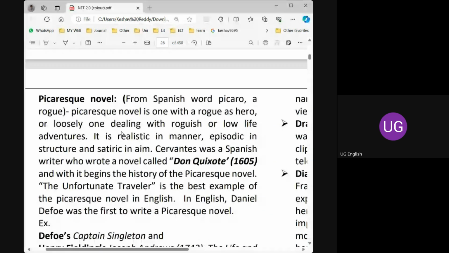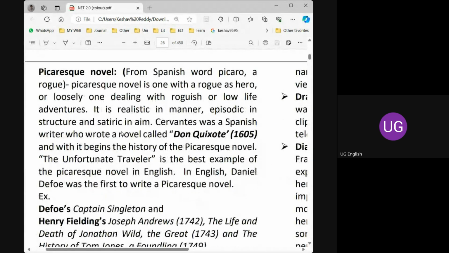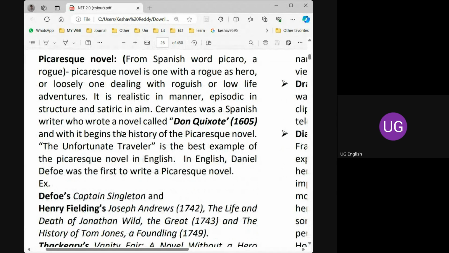And we have discussed the picaresque novel. Very important one. It comes from the Spanish word picaro, the rogue. The rogue is the hero. Simple terms: the rogue is the hero, and his wanderings, his adventures are the important elements of the plot.